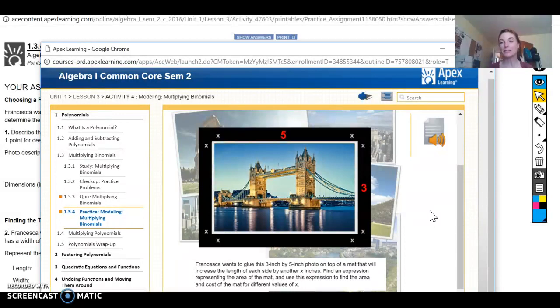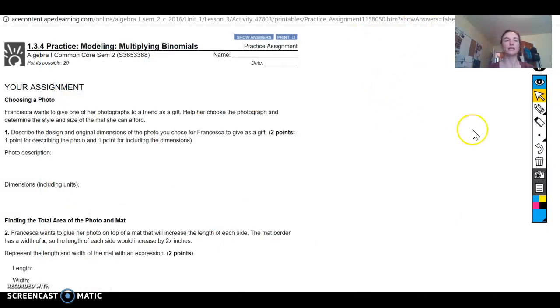So it'll be the same process, but I just want to see that you're doing the assignment as well. Okay, so I'm going to choose the 3 by 5 frame, and then this is the actual assignment. So first question, describe the design and original dimensions of the photo you choose to give as a gift.